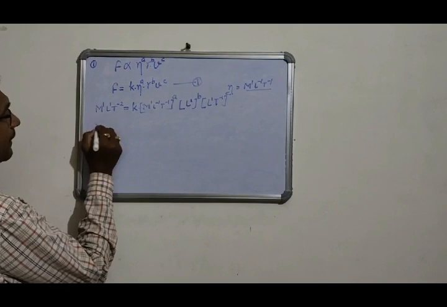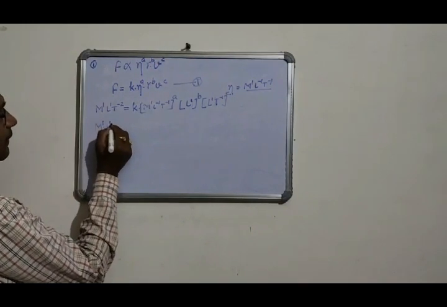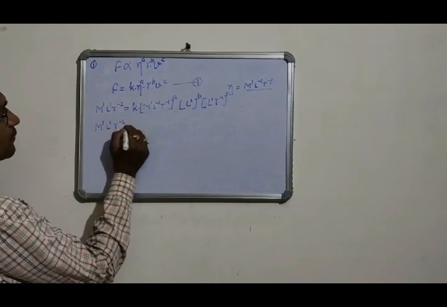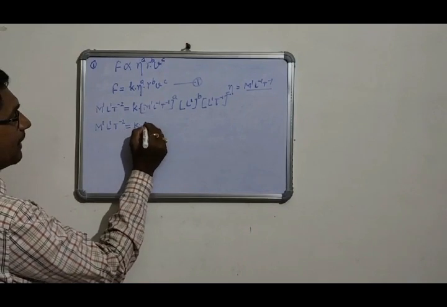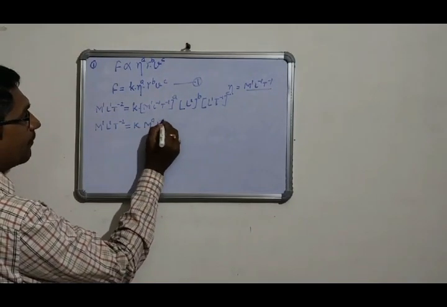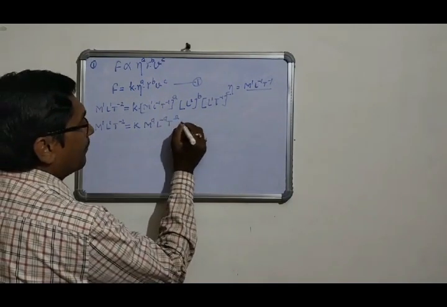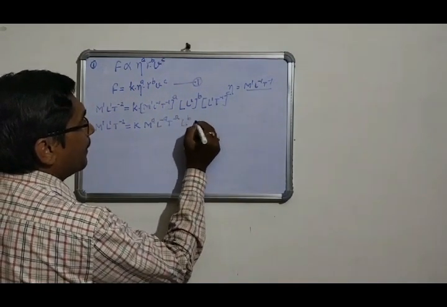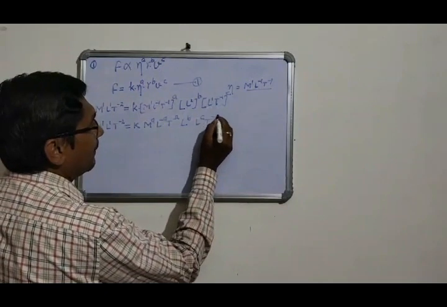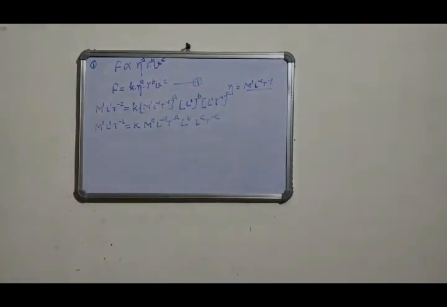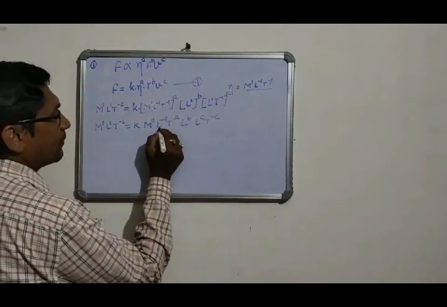After solving, we get M1 L1 T^-2 equals K M^a L^-a T^-a L^b L^c T^-c. Now the bases are equal, so the powers should be added.